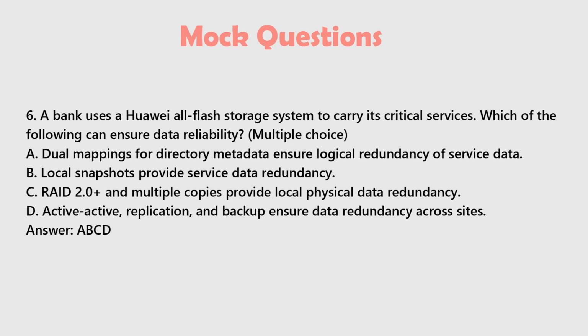B. Local snapshots provide service data redundancy. C. RAID 2.0+ and multiple copies provide local physical data redundancy. D. Active-active, replication, and backup ensure data redundancy across sites. Answer: A, B, C, D.